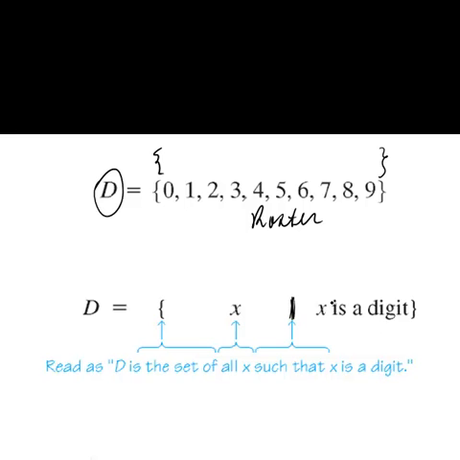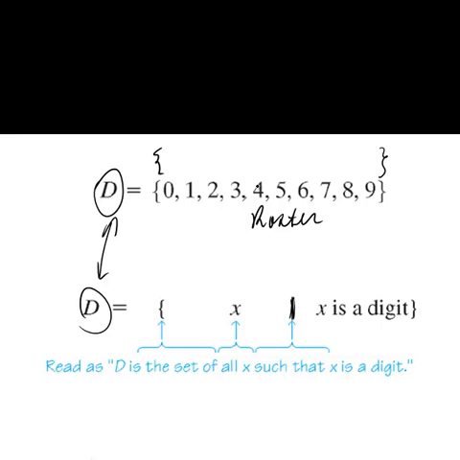And then we have the property that the number satisfies. So, for example, this says x such that x is a digit. Well, all these numbers up here are digits. They're single digit numbers, so they're digits. So x such that x is a digit. So these two sets right here are really the same, just two different ways of defining them.